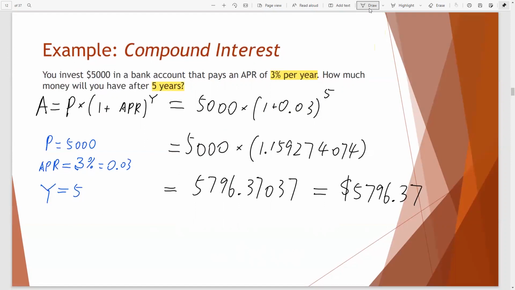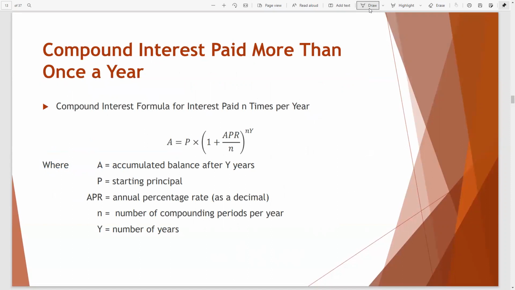Right, everything we have so far is an annual percentage rate paid once a year. Usually, for a bank, the payment is given as an APR, but an account may pay much more than once a year.